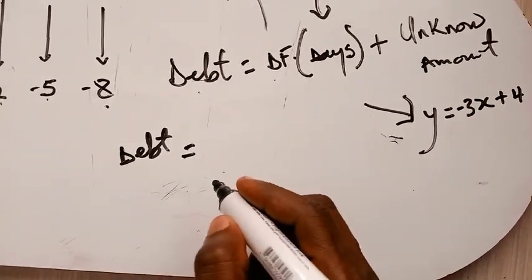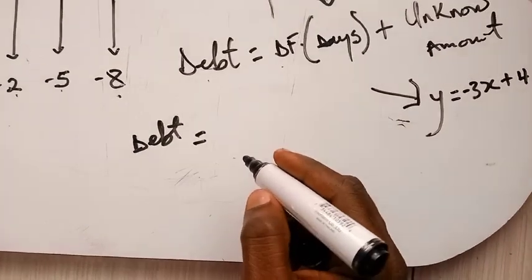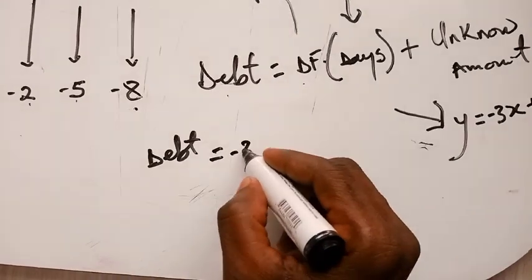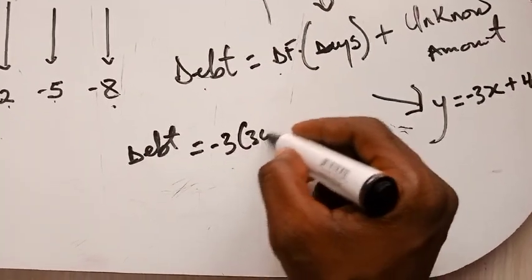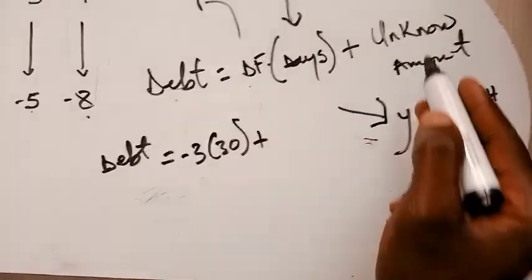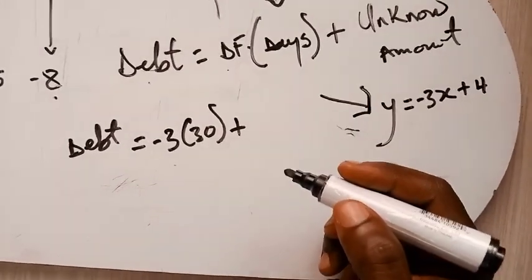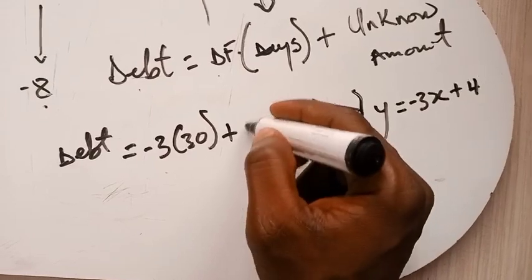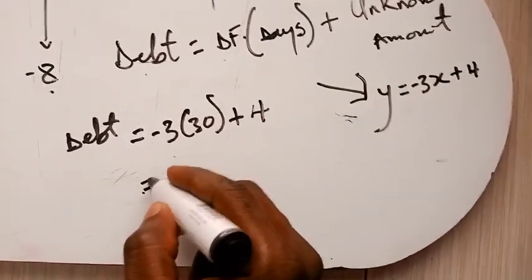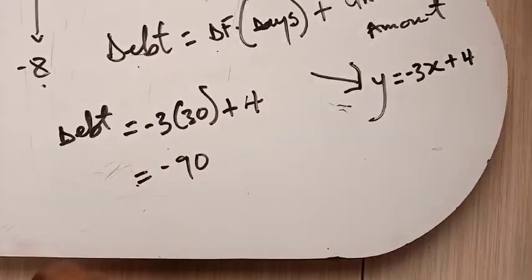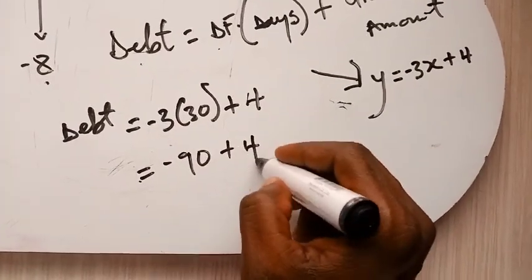You see how easy this thing is if you learn differently. All right. So the difference was -3, and the day is 30, plus this particular guy here, which was unknown, and is 4, right? So this is going to be, if I multiply this by that, I should have -$90, and then plus 4. Is that correct?